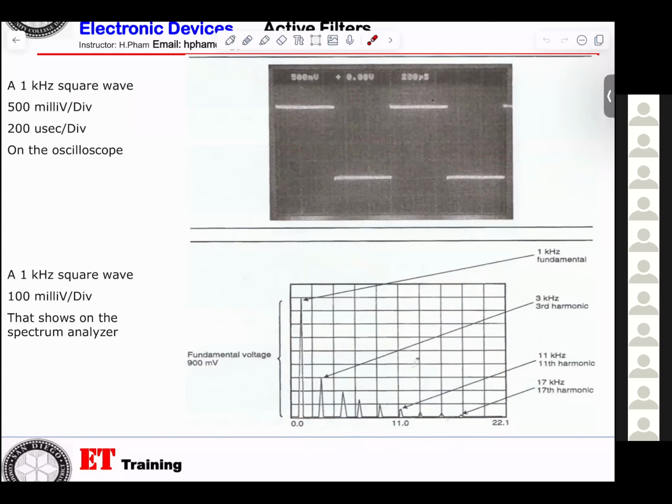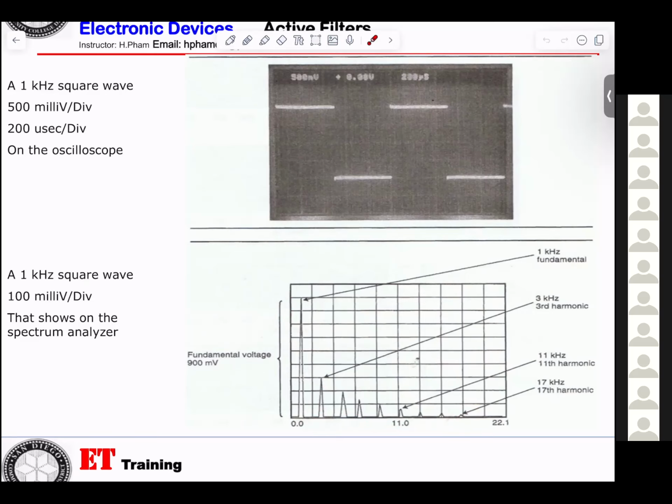Okay? So if you want to learn the spectrum analyzer, that's very simple. You connect the same signal into the spectrum analyzer and you can see how they look.